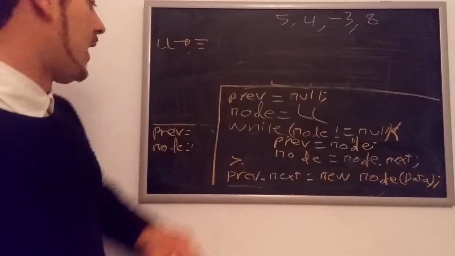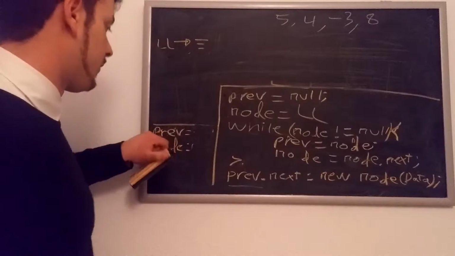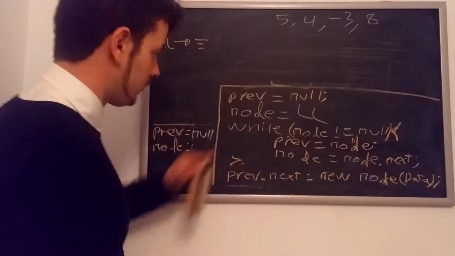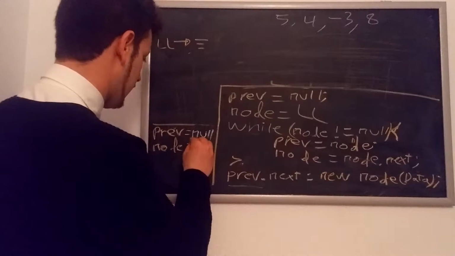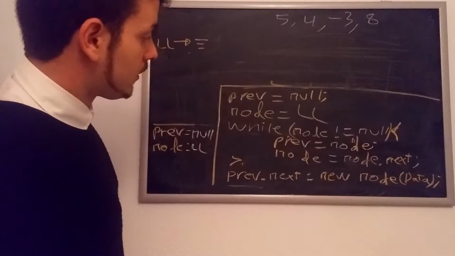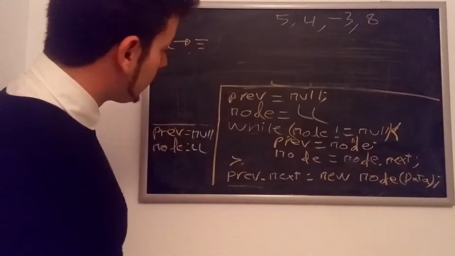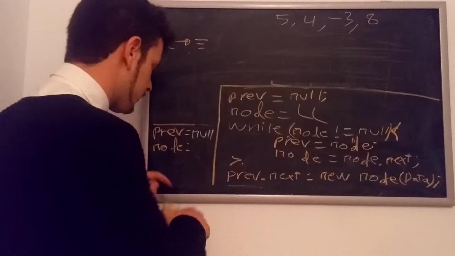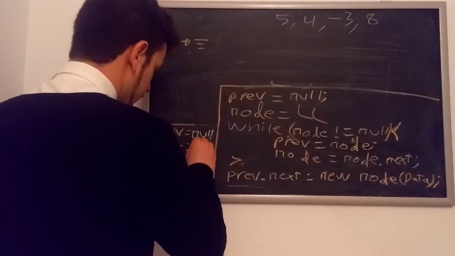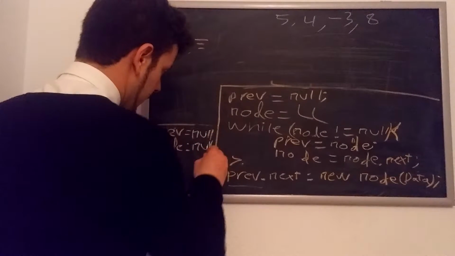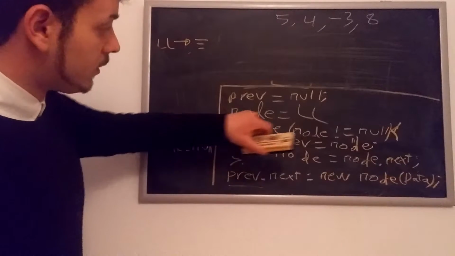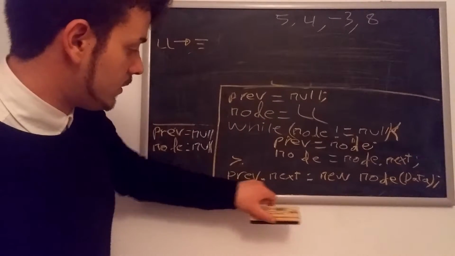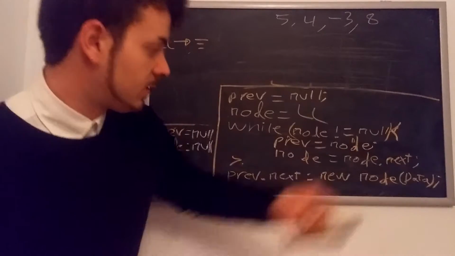We want to insert 5. We initialize prev to null, and we initialize node to LL. While node is different from null: LL is pointing right now to null, so we do not execute the while loop, and we now have to do this. Prev.next equals new node.